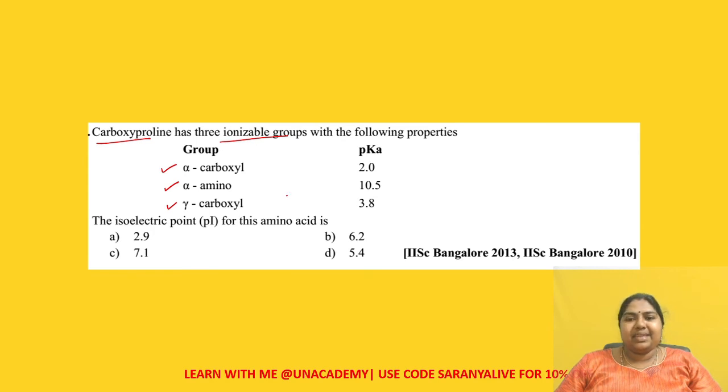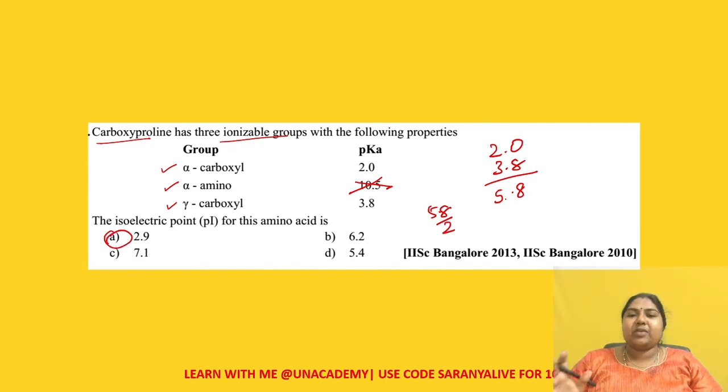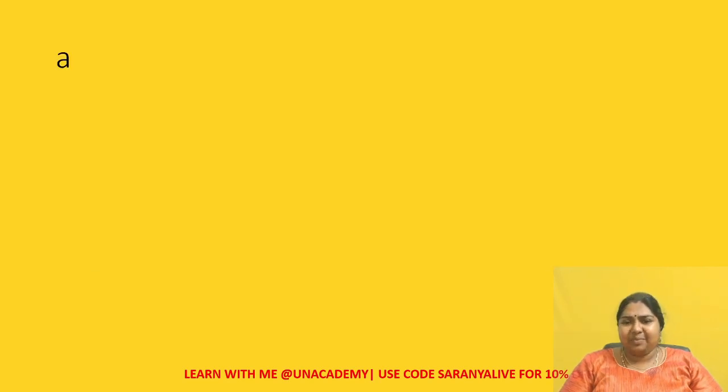Which one you will eliminate? This is the odd man. So eliminate him. So it is going to be an average of 2 and 3.8. So that becomes 5.8. So 5.8 by 2, how much? 2.9. Got it everyone? So easily you can solve any problems that are coming up exclusively with this PI and pKa.